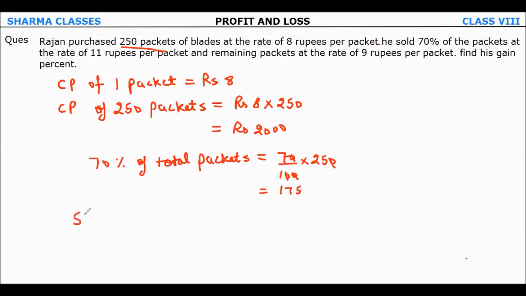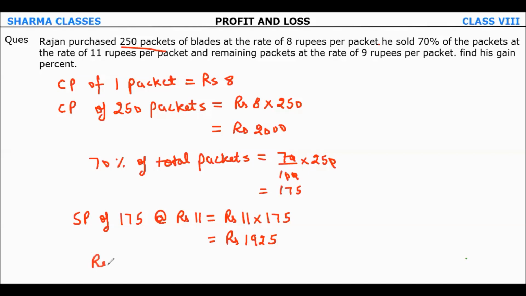Sold means SP, so the SP of 175 packets at rupees 11 per packet is found by multiplying 11 with 175, which gives rupees 1925.